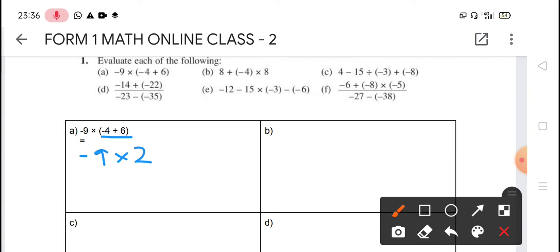Okay, then you continue. 9 multiply 2, you get 18. Negative, positive, you get negative. So this is answer for A.